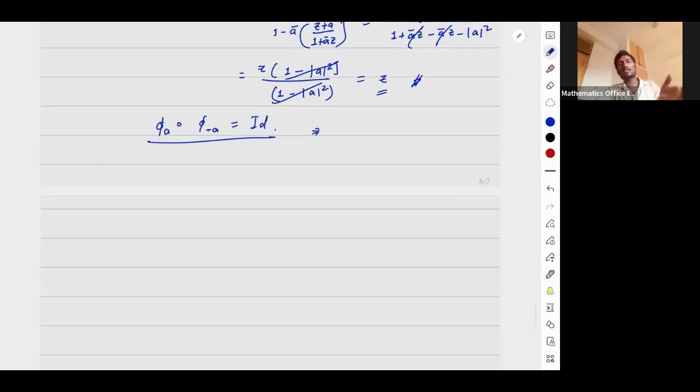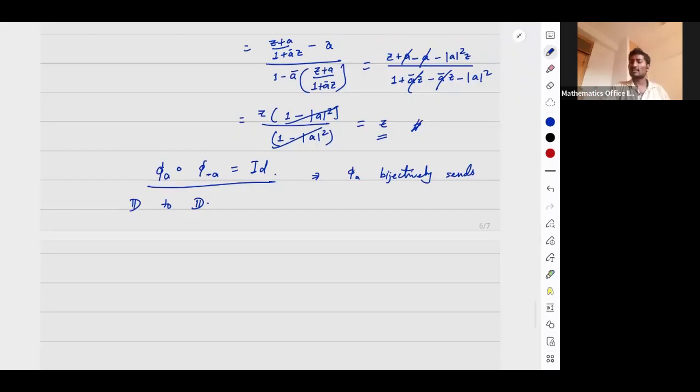So from here we conclude phi A bijectively sends D to D. Bijectively means you understand automorphism. So interior goes to interior, boundary goes to boundary. Okay, so the first option is correct.